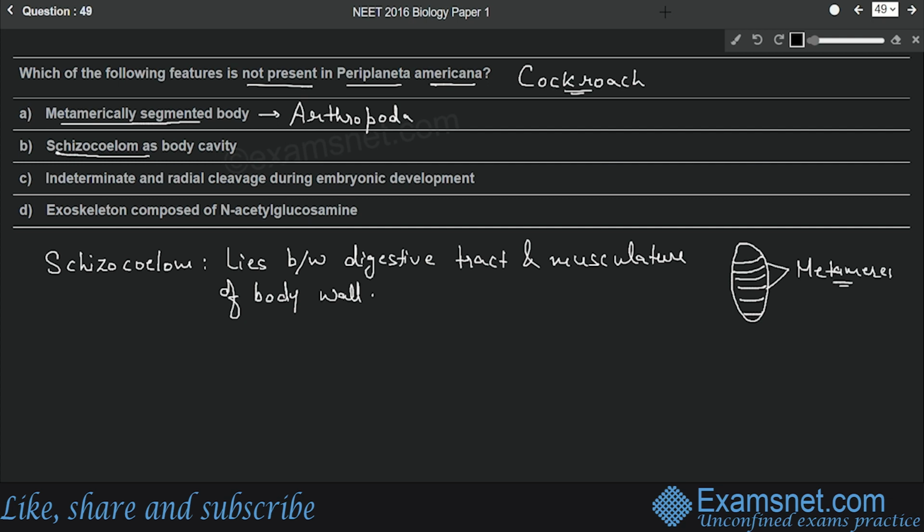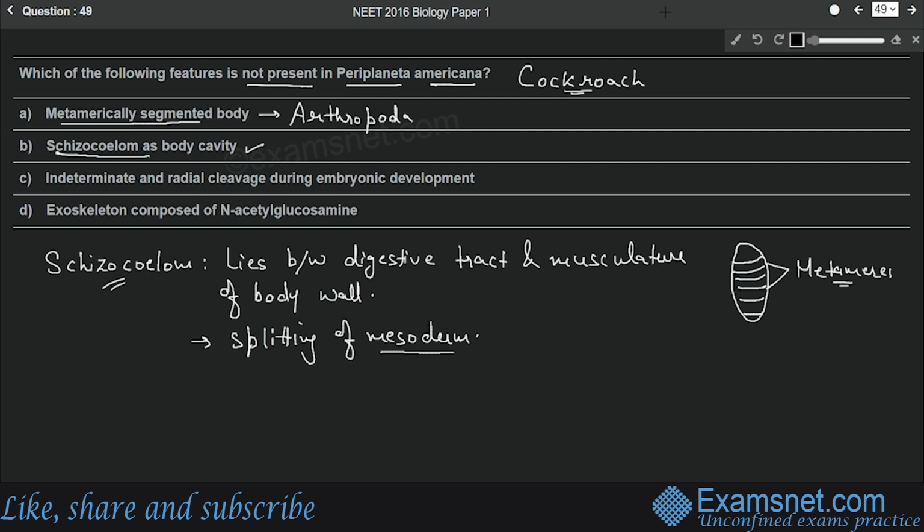Now the most important point is the formation of schizocoelome. How is it formed? It is formed by the splitting of the mesoderm. And what is mesoderm? It is the middle germ layer that is present between ectoderm and endoderm, right? So when it splits, it leads to the formation of schizocoelome. So yes, this is also one of the features of cockroaches. So this is also present there.